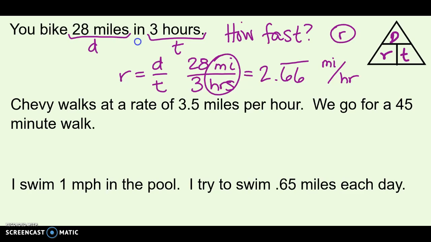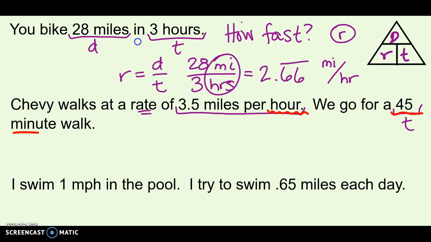What about the next one? Chevy walks at a rate of 3.5 miles per hour. Well, they give me a clue here. This is a rate. We go for a 45-minute walk, and this would be a time. The only trouble with this one is I have to look at my units for a second. I'm measuring my rate in miles per hour, but then I'm giving the time in minutes.